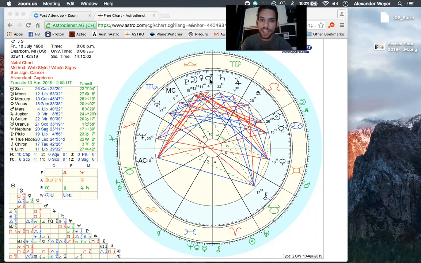So all of these little black symbols, collectively referred to as the planets, all represent the what about you, what about this chart, what about this person, what about this time. The key question answering what. So say we're talking about the moon here. This little symbol is talking about the what of you.